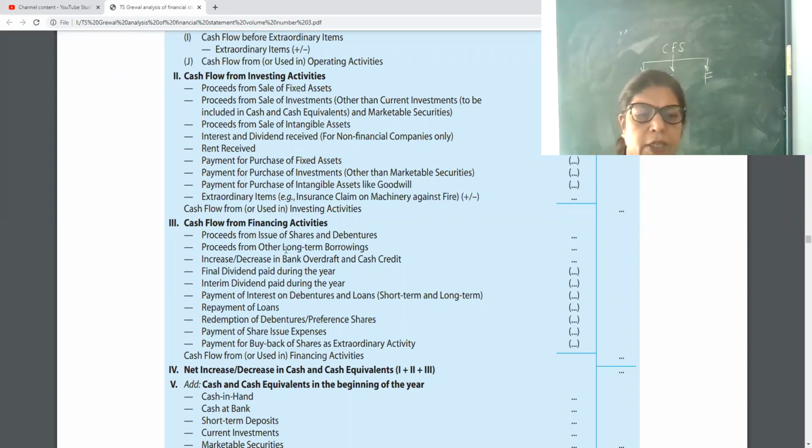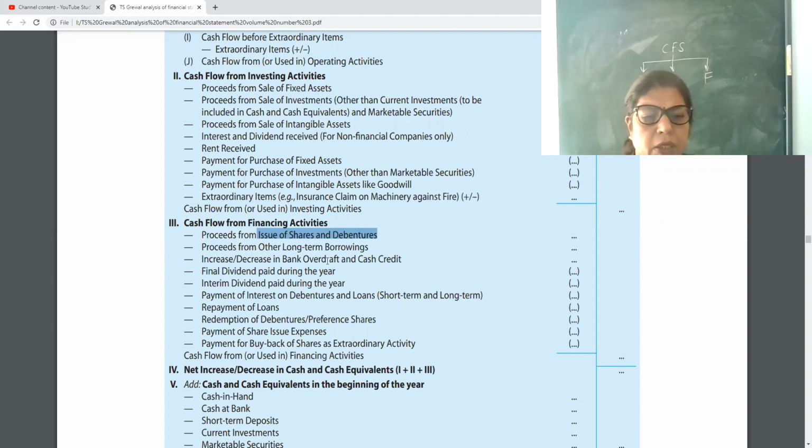So here, if the organization issues shares and debentures, cash will be inflow. How? The company is issuing shares to the common public and debentures to the common public, then they will get the cash or bank.